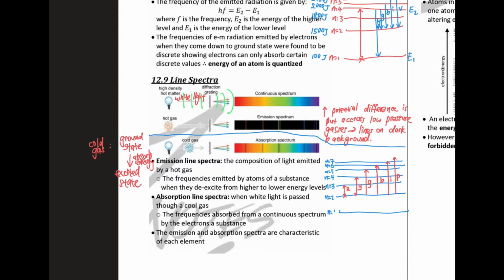Compared to this one, the hot gas is in excited state. So what happened is they have to release energy and go back to ground state. When they release energy, then they form the lines.